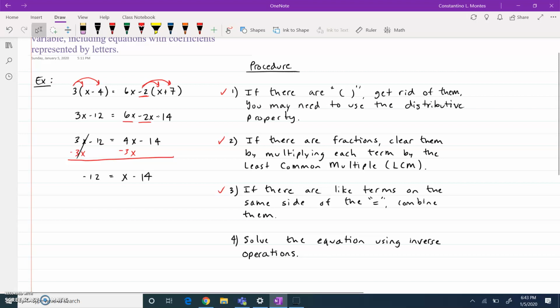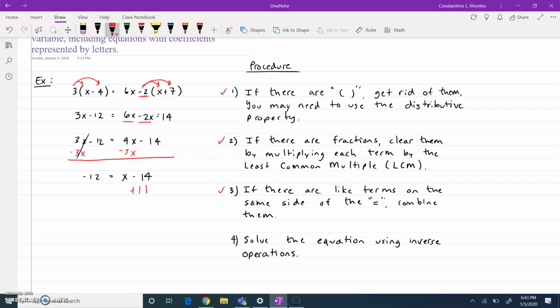Okay, so I haven't actually finished solving this. I've got one more step here. We're still working on step 4, which is solve the equation using inverse operations. Now remember, the idea is to get the x by itself on the left-hand side or on the right-hand side. So we have this negative 14 here, and that's kind of disrupting what we're trying to do. So what I'm going to do is add 14 to each side.